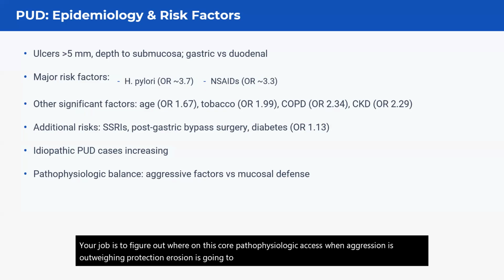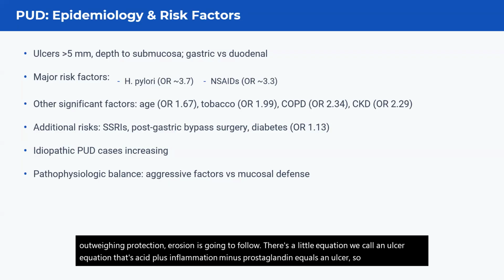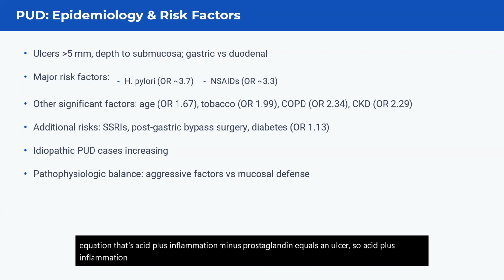There's a little equation we call the ulcer equation: acid plus inflammation minus prostaglandin equals an ulcer.